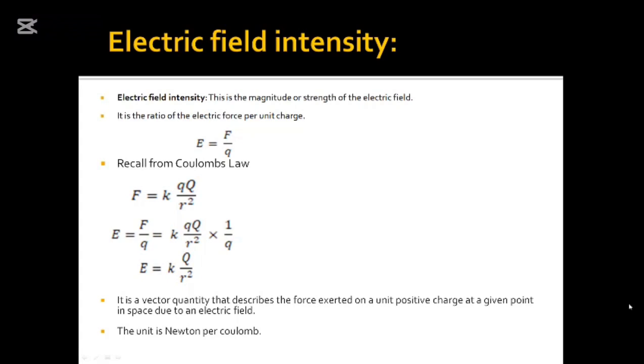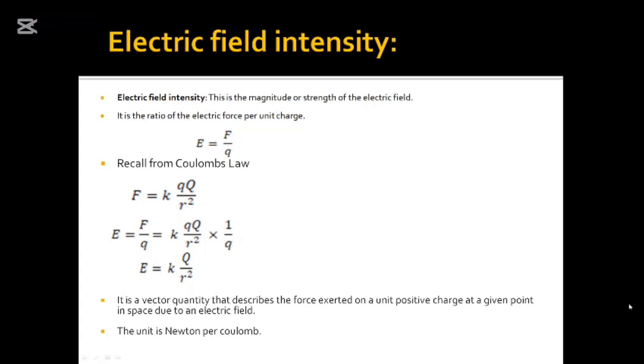So electric field intensity is the magnitude or strength of the electric field. If the strength is low, we'll say that the intensity is low. But if the strength is high, we'll say that the intensity is high.